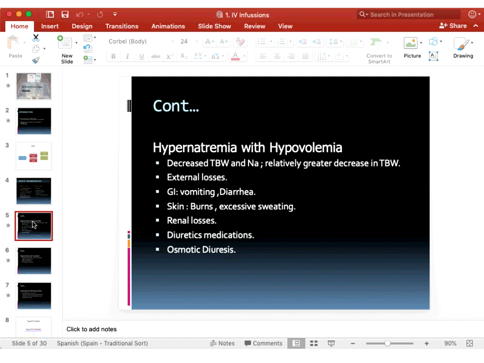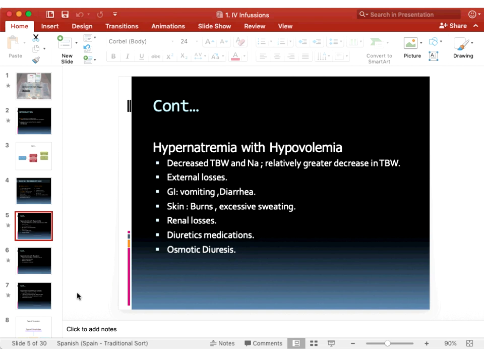We can have a variety of conditions. As you can recall, we do not just have water by itself. It is with sodium, chloride, calcium, magnesium, phosphates, and so on. So you can have low volume with a great amount of sodium, and in these patients you have to be careful that you infuse water that does not contain a lot of sodium chloride.